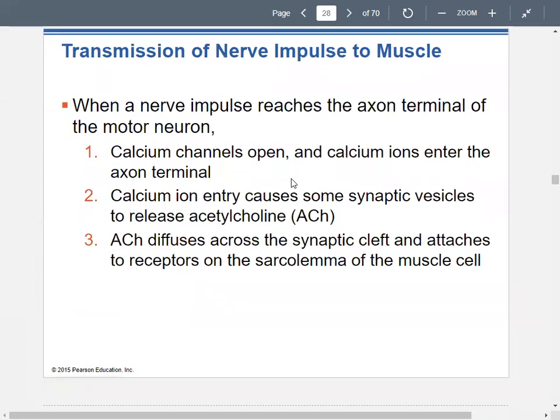All right. So transmitting that nerve impulse to muscle. The nerve impulse is reaching your axon terminal. So the nerve signal goes all the way to the end of the axon of the nerve. That's what that says. So then channels for calcium are going to open up. Actually, I should make this more clear. These channels are on the nerve.